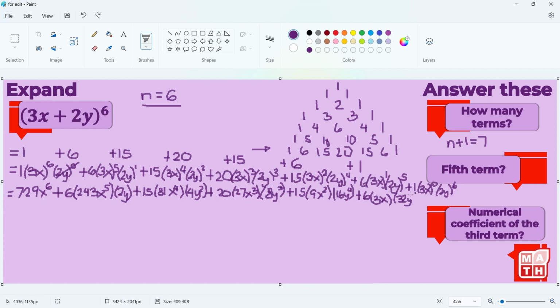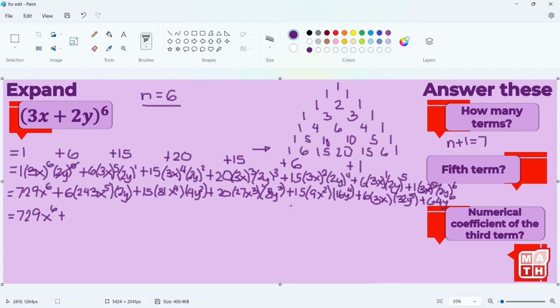Let me rewrite it. Plus, of course, that's 1, is also 1. 2 to the power of 6 is 64 y to the power of 6. So let's try to multiply this. I don't know if we could do this mentally, but if you can, you may use your calculators there. 729 x to the power of 6. You will have here plus.